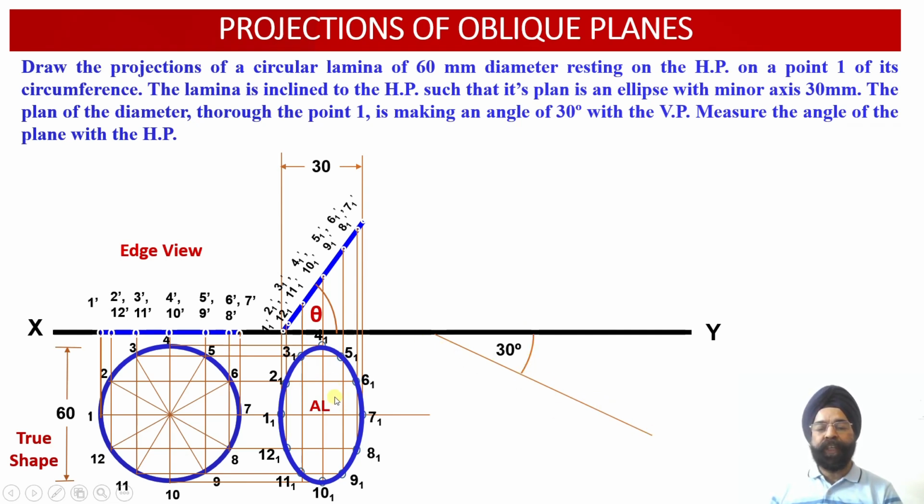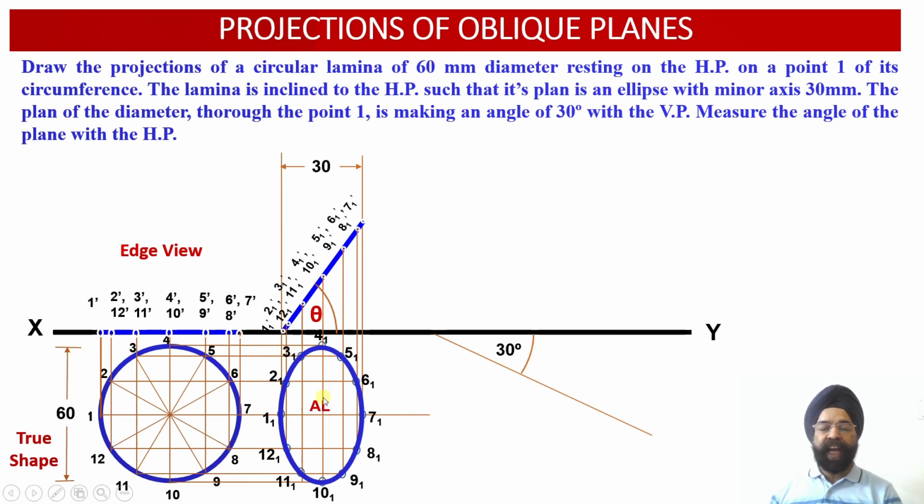So this ellipse needs to be reconstructed over here in such a way that this diagonal 1-7, that is the plan of the diagonal, should be located at an orientation of 30 degrees with respect to this particular orientation line.